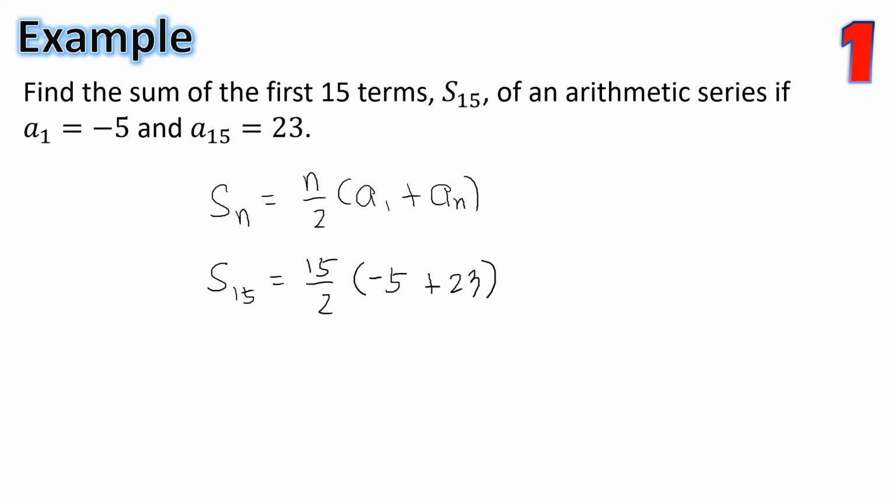Negative 5 plus 23 is 18. So we have 15 over 2 times 18. 18 divided by 2 is 9. Therefore, S sub 15 is equal to 15 times 9, that is 135.